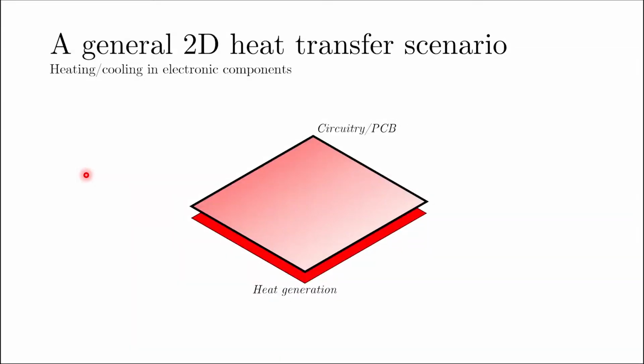If you remember, a couple of lectures back I gave you this example: if we had a circuitry of our interest which was receiving heat from a particular source, let us say from some other motherboards in the system, then because we have treated it as a two-dimensional scenario, we have to incorporate the heat addition to this system.